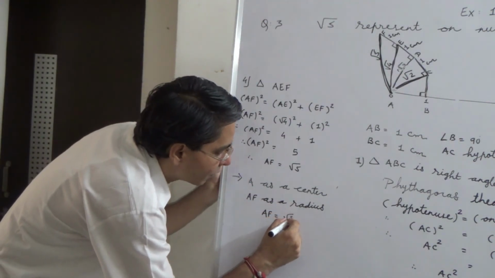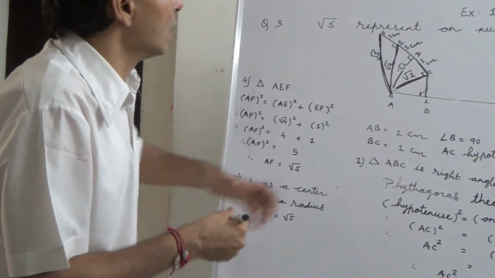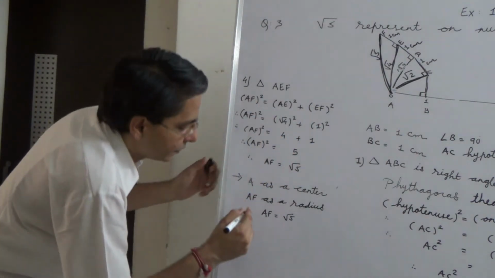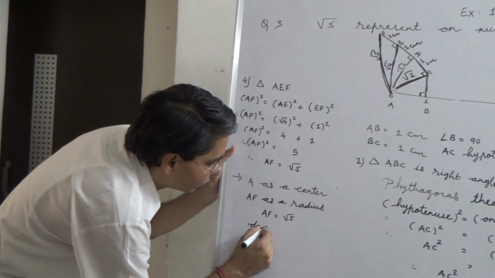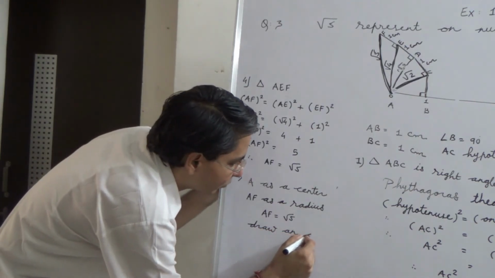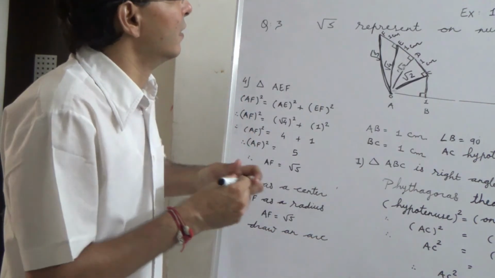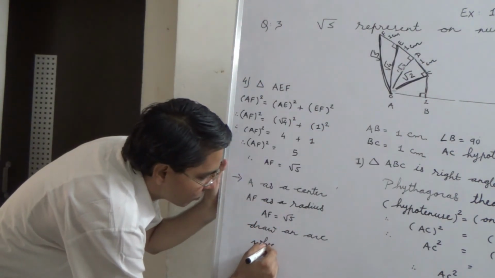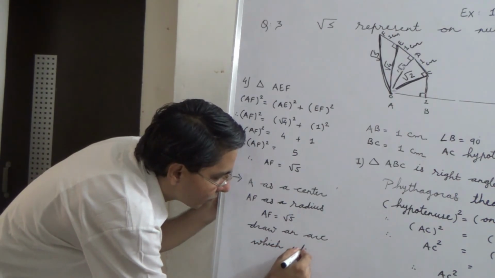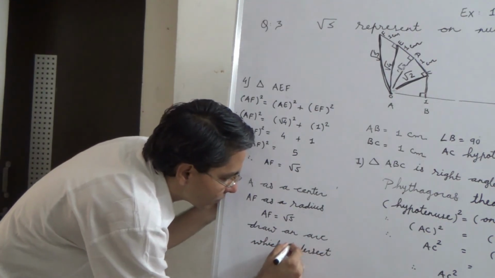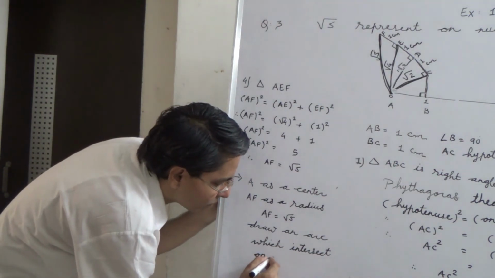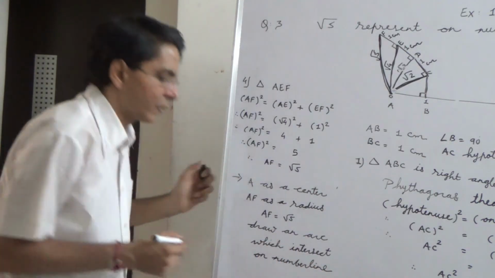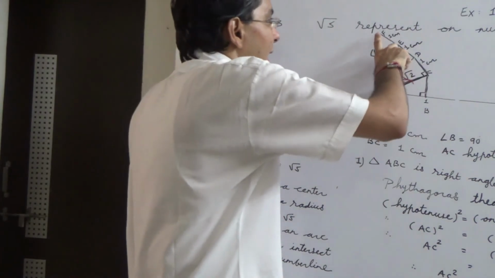So take radius AF and draw an arc which intersects the number line.